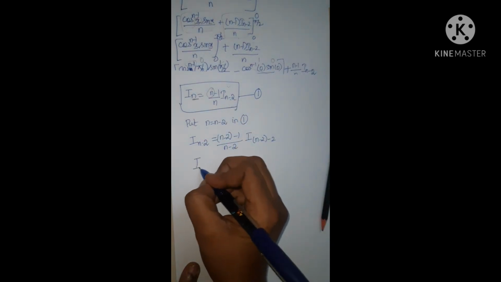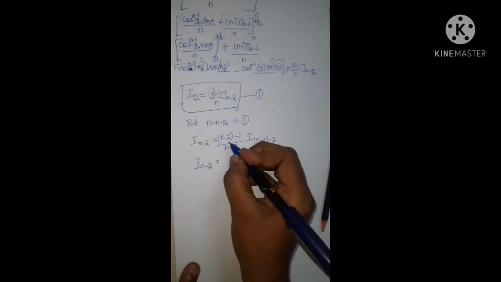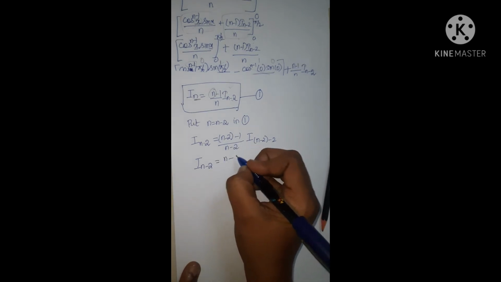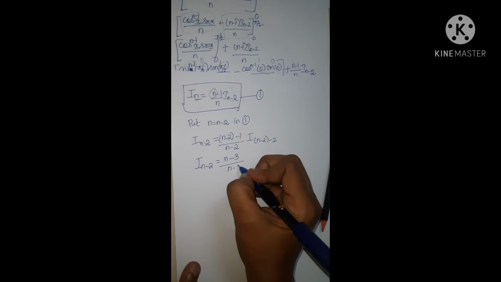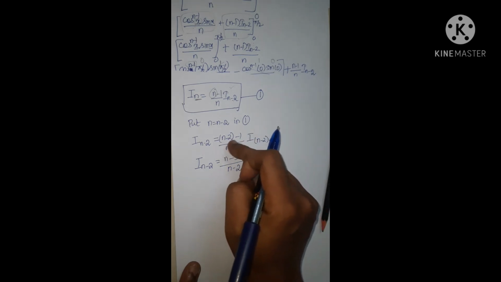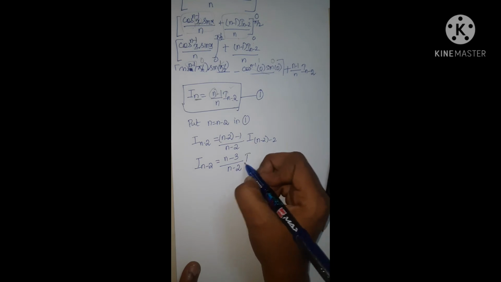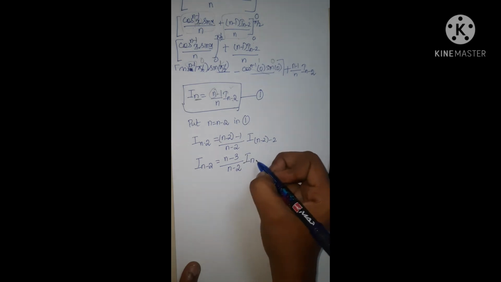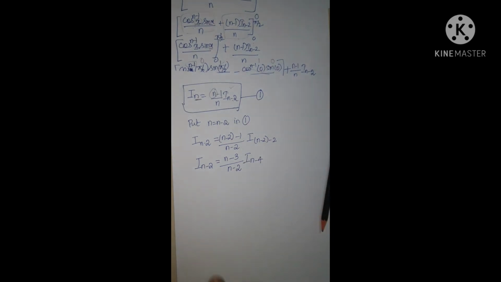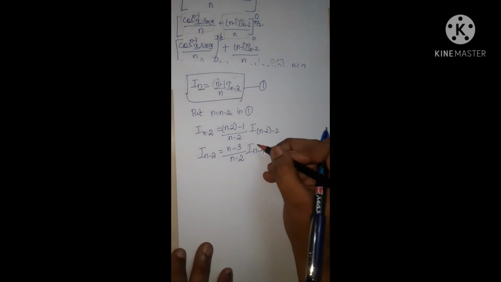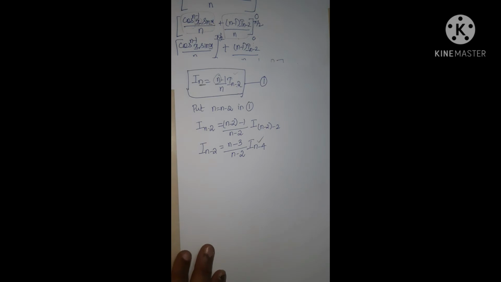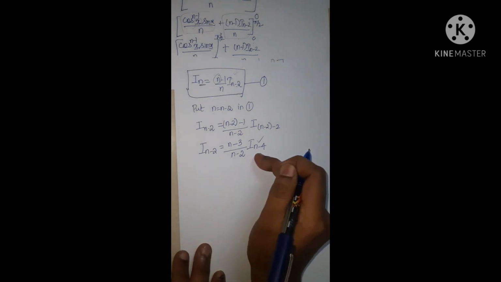So this will become I_(n-2) equal to (n-3)/(n-2) I_(n-4), since n minus 2 minus 1 is n minus 3, and n minus 2 minus 2 will be n minus 4. So now we are in need of the value of I_(n-4). Where will I get the value of I_(n-4)?